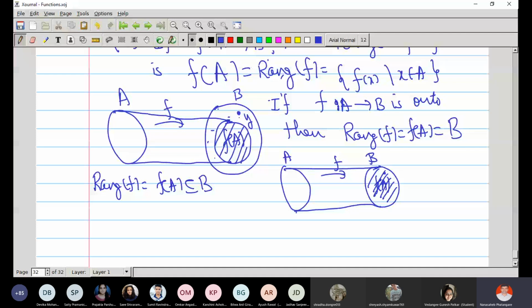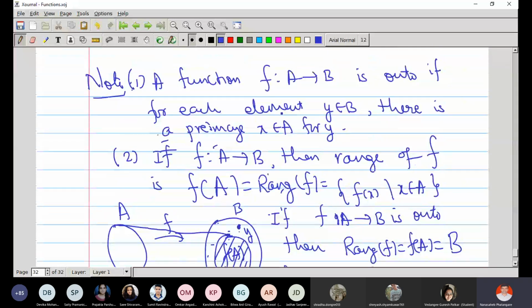So range should be the whole of the codomain, then we say that the function is onto. So the definition is clear, right?